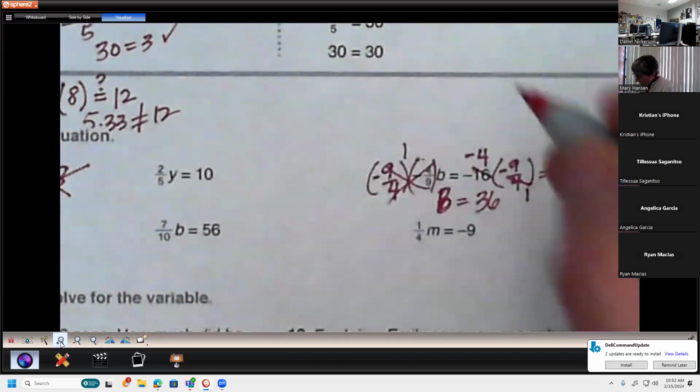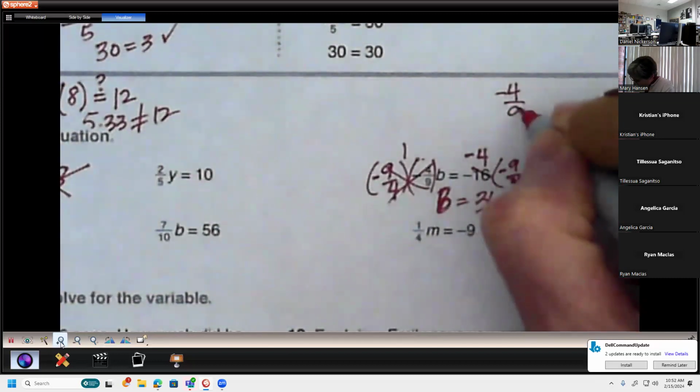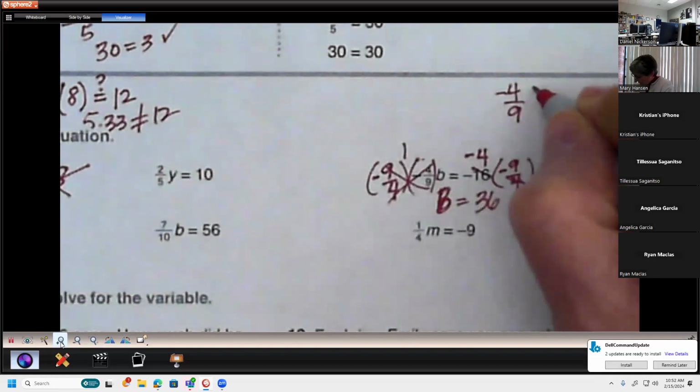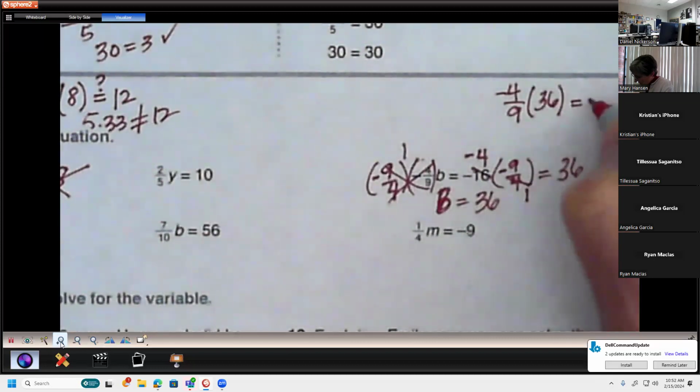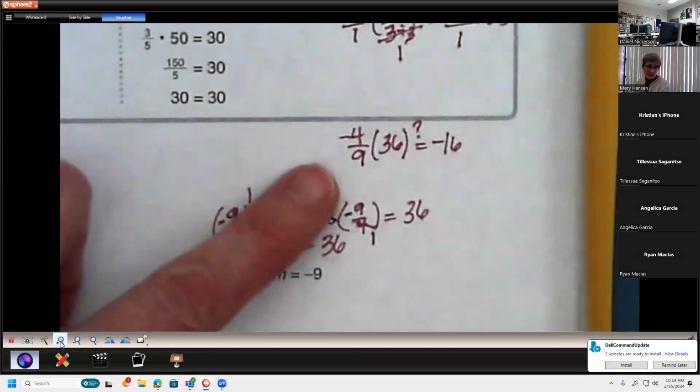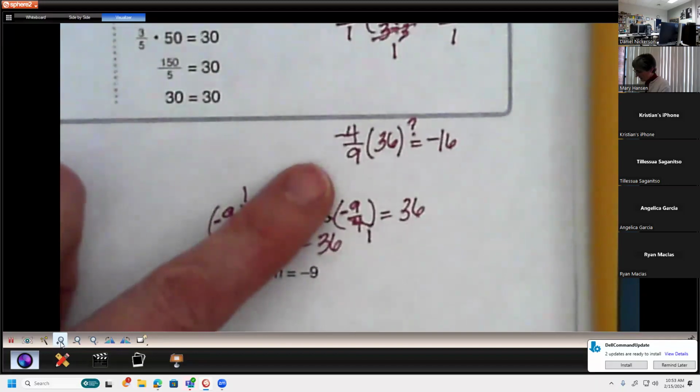Okay, so if I want to check my work, the original problem, before I marked it all up, said -4/9 times whatever I get for B should equal -16. So we want to ask the question, does -4/9 times 36 equal -16? So I'm just going to plug it in the calculator.